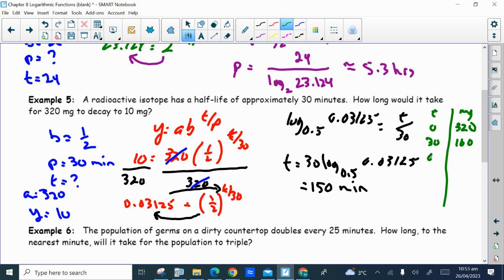After another 30 minutes, it will be cut in half down to 80 milligrams. After another 30 minutes, after 90 minutes, it will be cut in half down to 40. Another 30 minutes, which is 120 now, we're down to 20. Another 30, which is 150, we're down to our 10 milligrams.